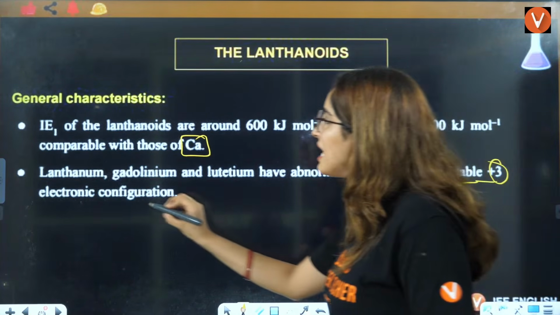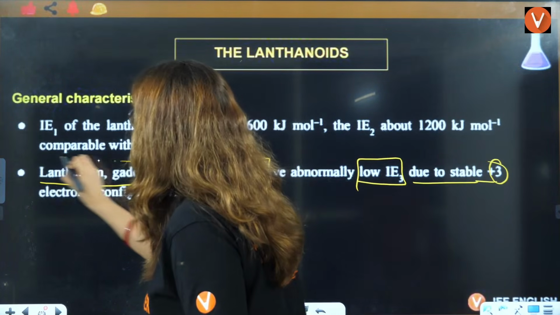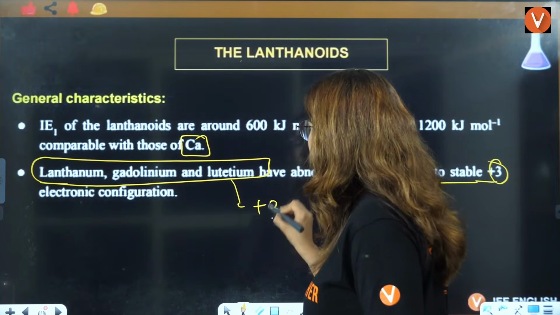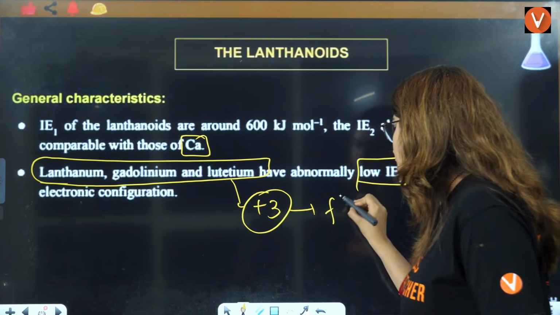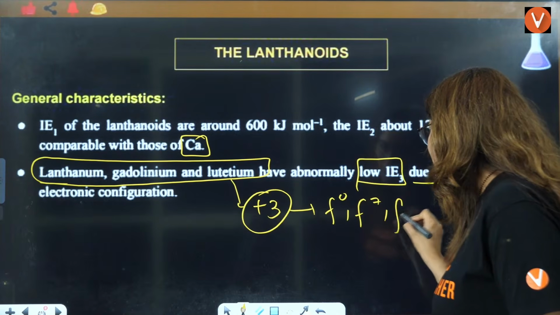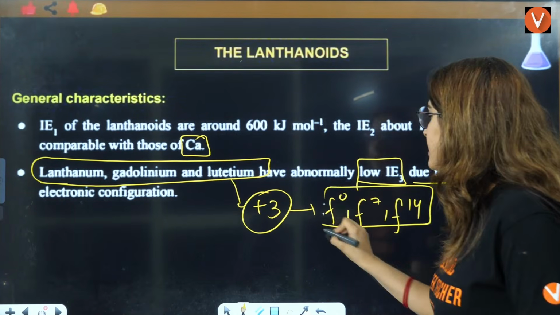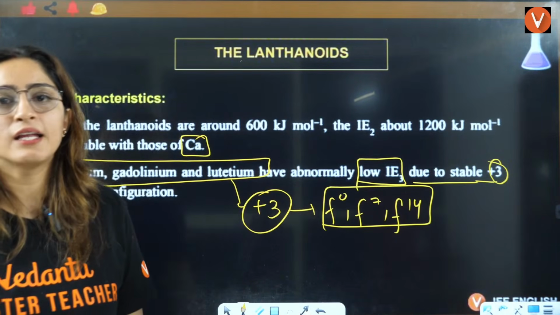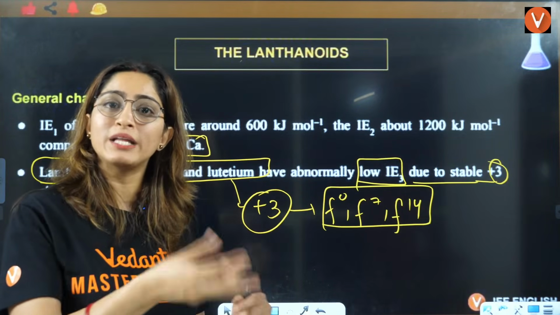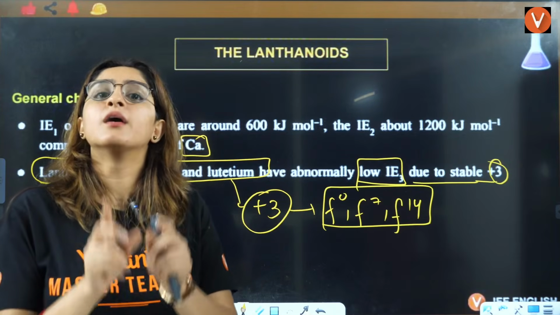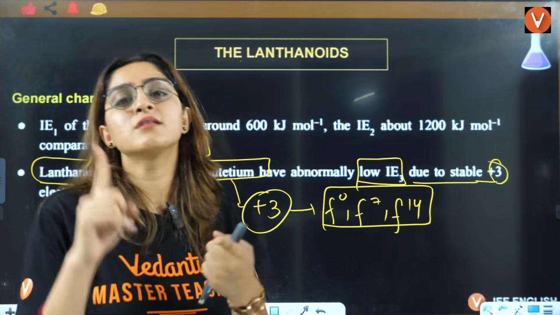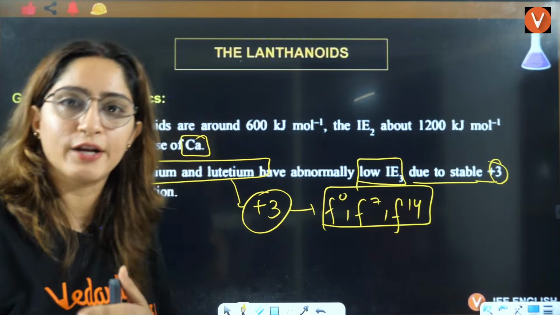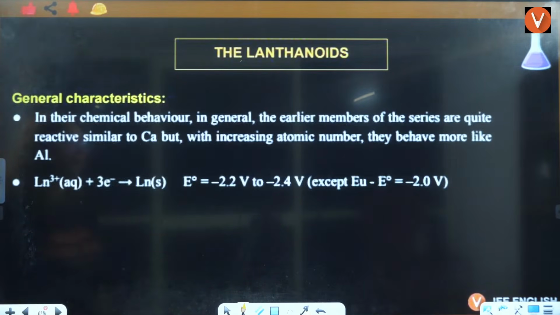These three are stable in +3 because of their F0, F7 and F14 configuration. That's why they have very low IE3, right? To take out the first electron, then the second, then the third electron is very easy because they exist in 0, 7 or 14 electron configurations. So that's why it is very low, right?